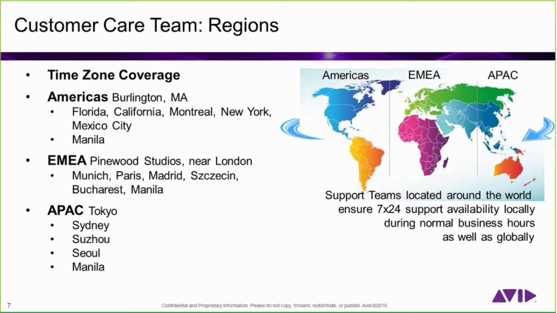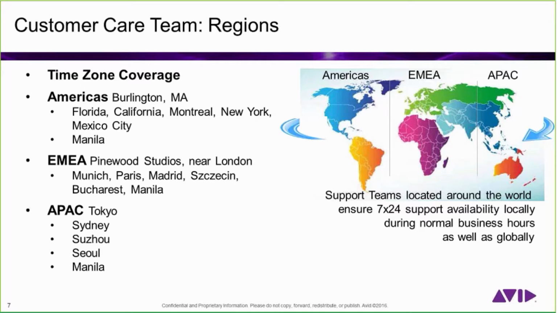So we've got our headquarters, our main offices in 3 places in the world. We've got Burlington, Massachusetts. We've got Pinewood Studios near London, our EMEA headquarters, and we've got Tokyo in Japan. That's where our APAC headquarters are.